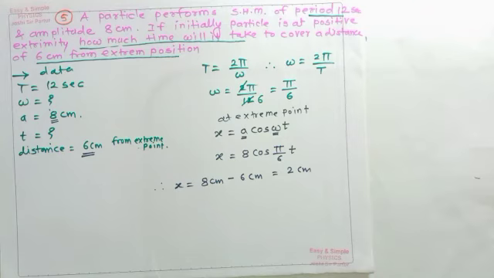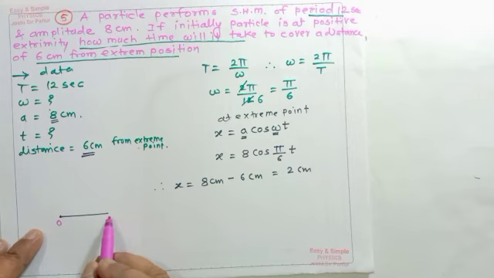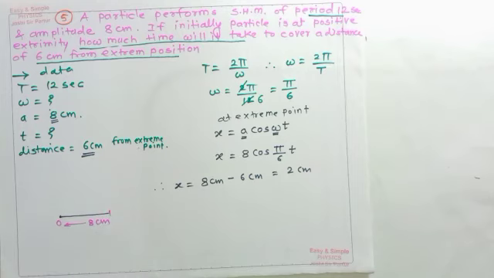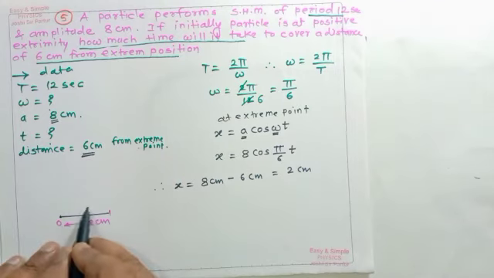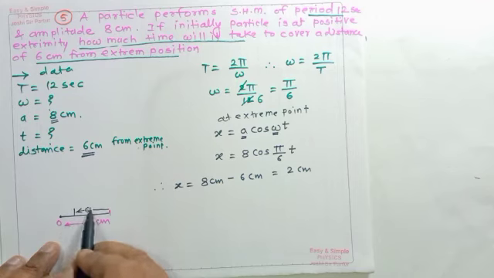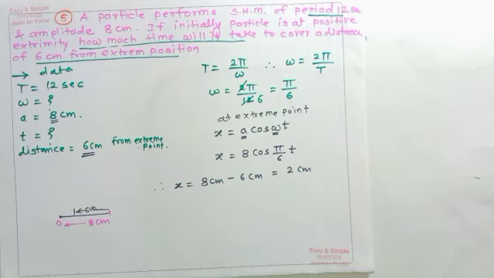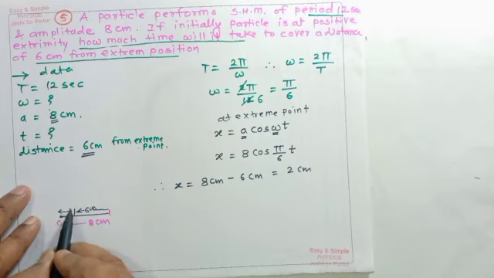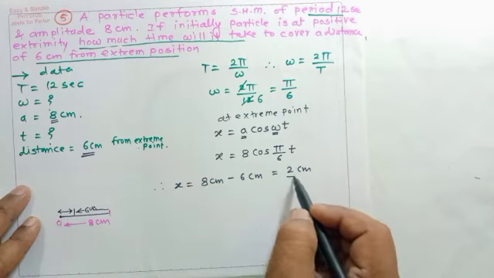Means actual displacement. See here, when the particle is at mean position, the maximum distance to extreme position will be 8 centimeter, and when the particle is moved 6 centimeter from 8 centimeter extreme point, the remaining displacement from mean position becomes 2 centimeter.